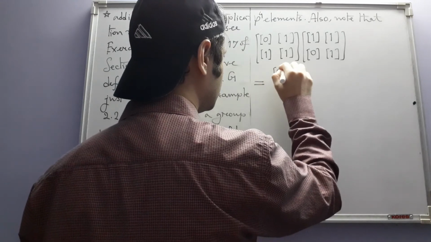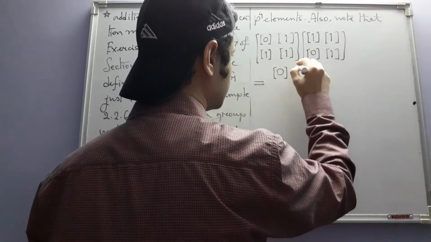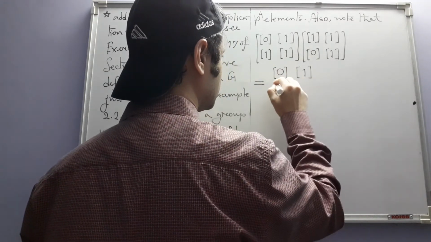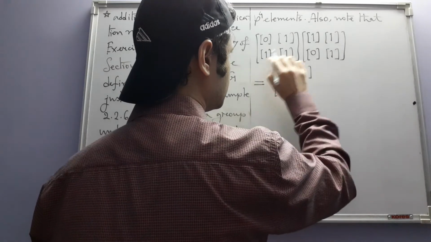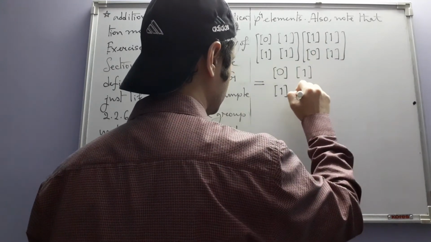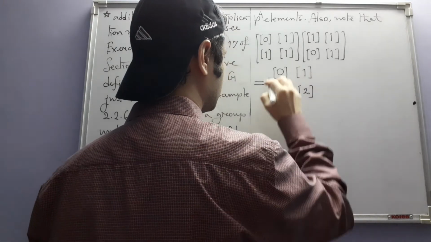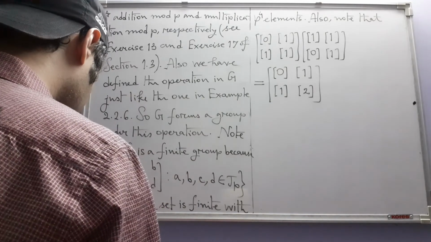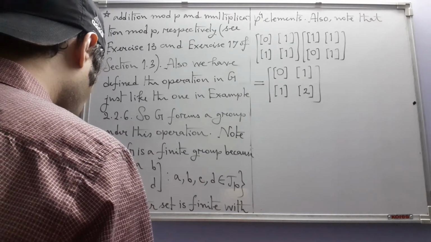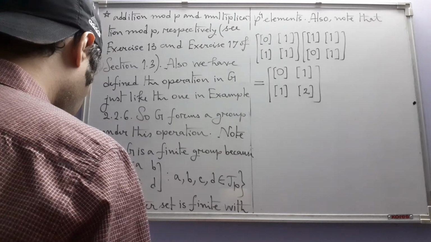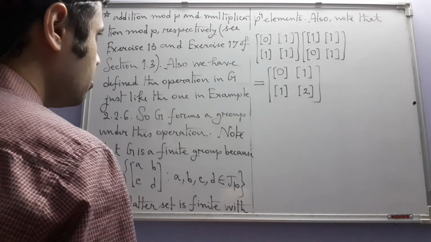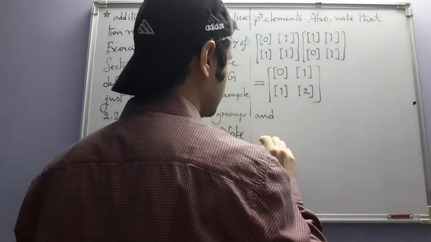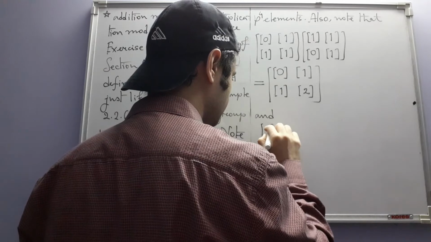0, 1 times 1 is 1, this is again 1 plus 1 we get 2. Okay, so we do get 2. Okay, anyway, and let us calculate the other product now.